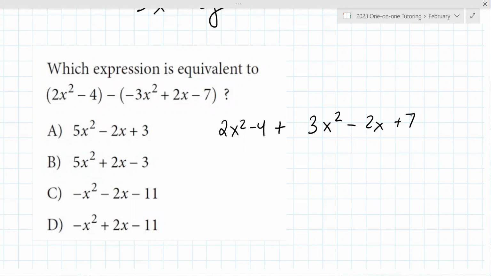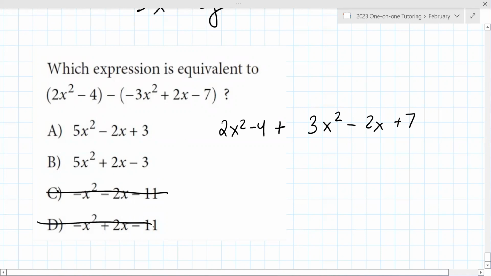It would be positive 3x. Okay, yeah. And then bring down 2x. 5x squared, so it's got to be A or B. I agree. It's either A or B. That's good.